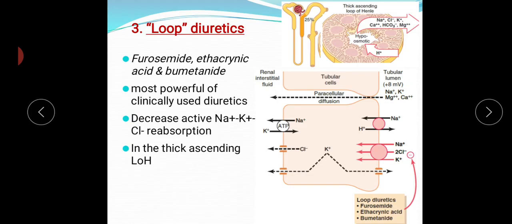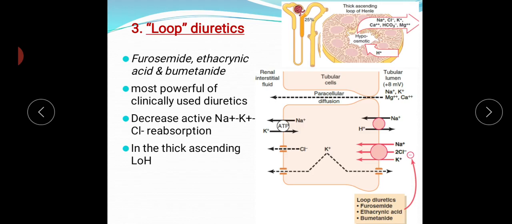Again you can see here the thick portion of the ascending limb of the loop of Henle is reabsorbing many of the solutes. One of the most important pumps reabsorbing these solutes is this sodium 2 chloride potassium co-transport pump.